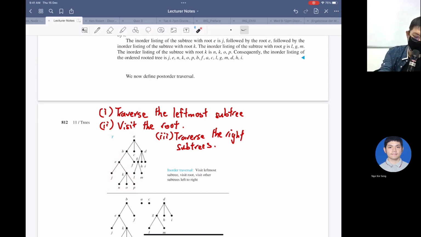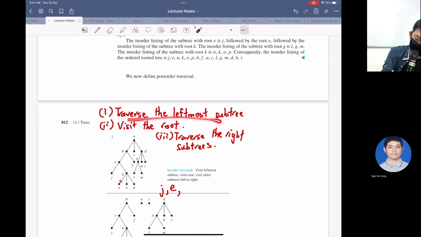Okay. So we start with J. After we traverse this leftmost subtree, we need to visit the root. So we visit the root, go E. After going E, we traverse the right subtree. To traverse this right subtree, we need to repeat this because it's a subtree, it's a tree.